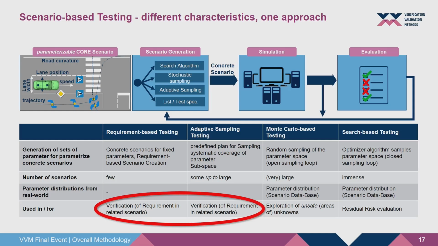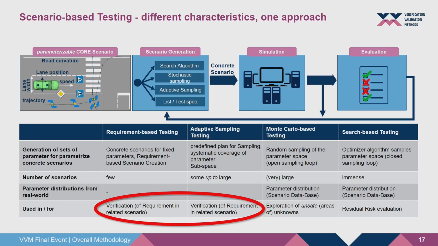The representatives, so the first two methods, usually are used in the verification part because they only generate a few concrete scenarios, and if you go to the right side, the number of generated concrete scenarios increases, so that these methods are usually assigned to simulation methods.